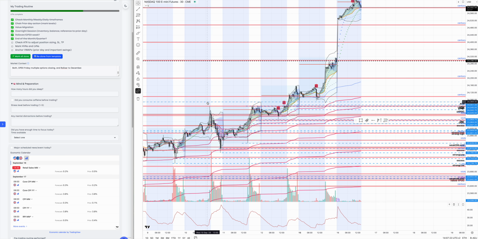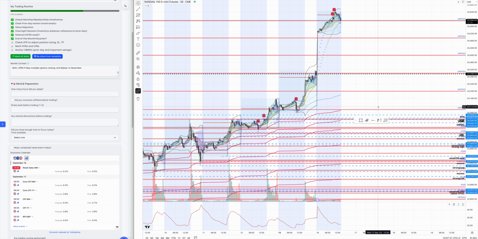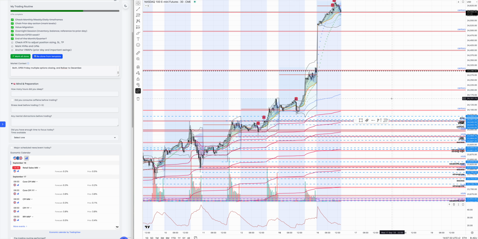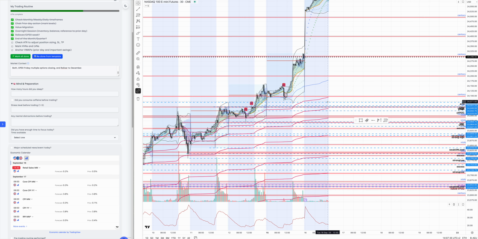I was not expecting that the drawings were actually fixed to the contract, which is the continuous contract in TradingView in this case. But yeah, I was a bit scared that maybe I deleted all the drawings. Anyways, I will just continue with this specific contract, and just to show you, we have a new all-time high here, which was yesterday.